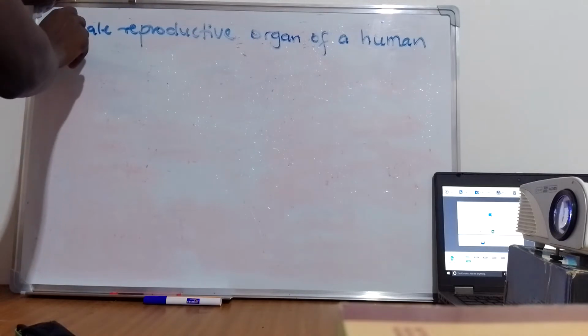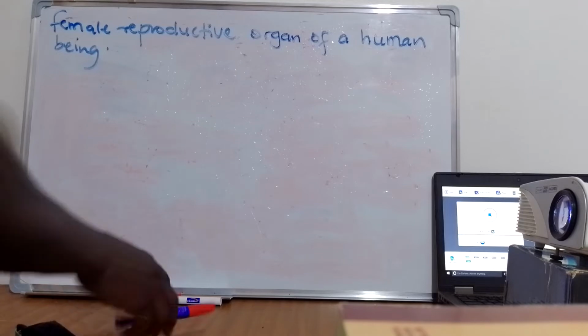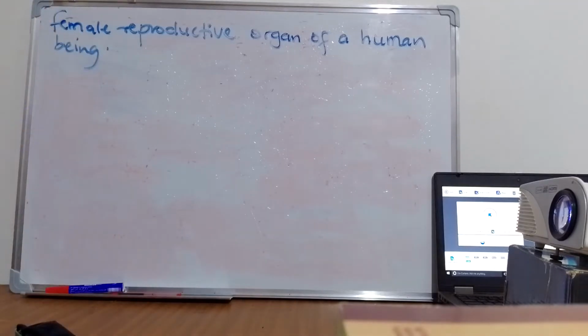Good, wonderful. After receiving very many requests from my students that I explain to them how the female reproductive system functions and looks like, this evening, here we are. Let's go straight to the business.